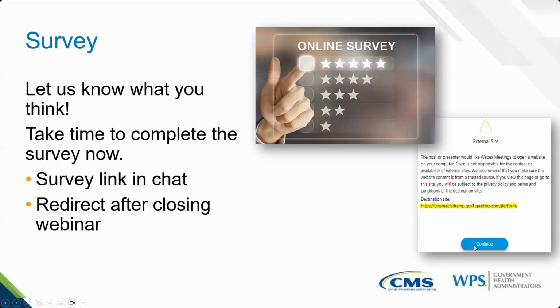It'll have the triangle and the blue continue button. Just so you know, that is specifically for the survey. It's not an ad. We're not trying to sell you anything or do anything malicious. It's just for the survey. We can't change the verbiage of this message, so we just want to make sure that you're aware of what that is and why you're seeing it.